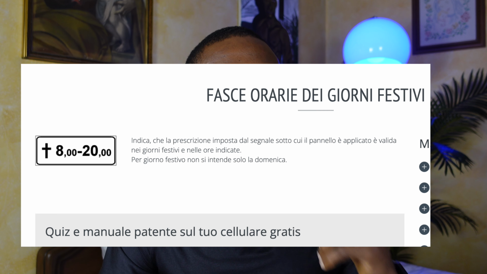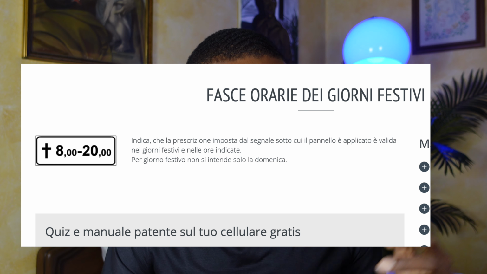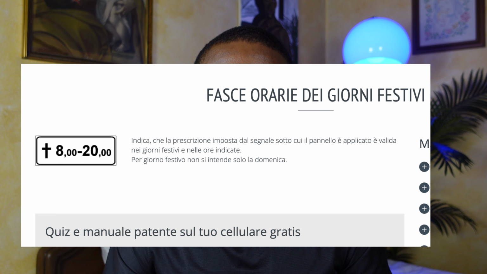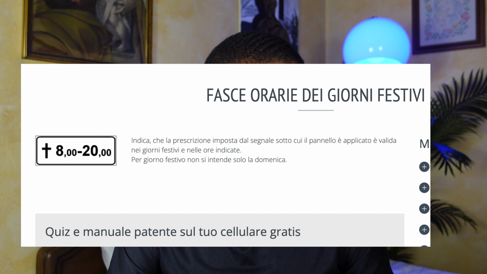So you see this one is similar to the first one. This one we have fasce orari dei giorni festivi. Indica che la prescrizione imposta del segnale sotto cui il pannello è applicato è valida nei giorni festivi.